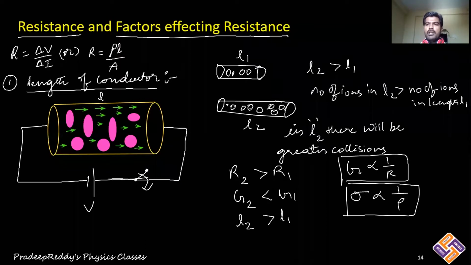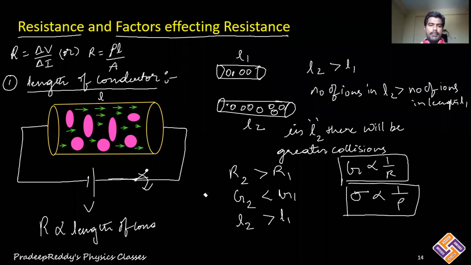The more the collisions, the more the opposition for free flow of charge, and the more the loss of energy, which is nothing but resistance. So resistance is directly proportional to the length of the conductor, because in length L2 there will be more collisions than in length L1. So clearly I can write, resistance is directly proportional to the length of the conductor.